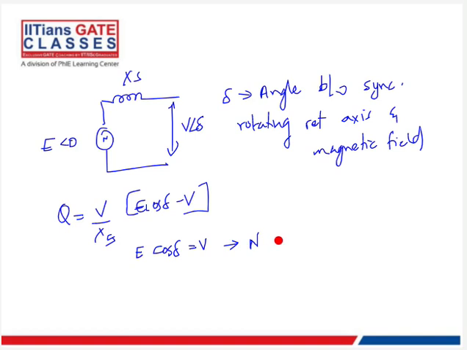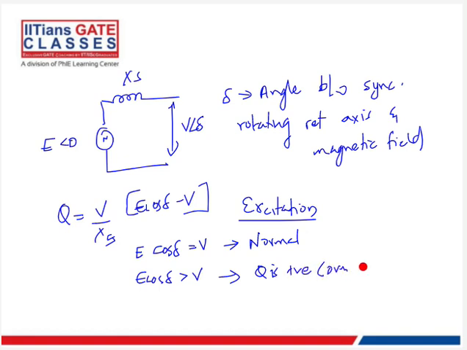This is normal excitation, right? Then E cos delta greater than V means Q is positive, which is overexcitation. And E cos delta less than V is underexcited, right?